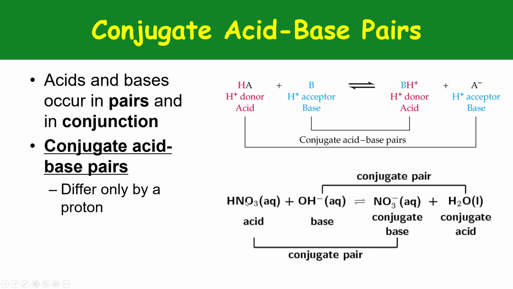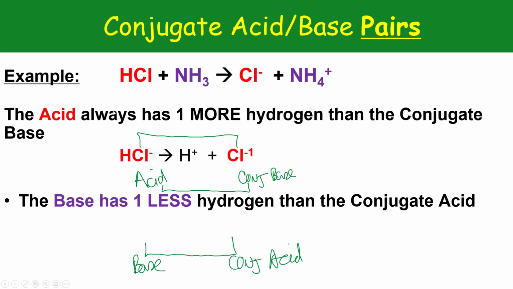It's going to accept the hydrogen ion and form water. So the pair is hydroxide and water. So conjugate acid-base pairs will always differ by one proton. One way you could think of it is that the acid will always have one more hydrogen than the conjugate base will, and the base will have one less hydrogen than the conjugate acid will.